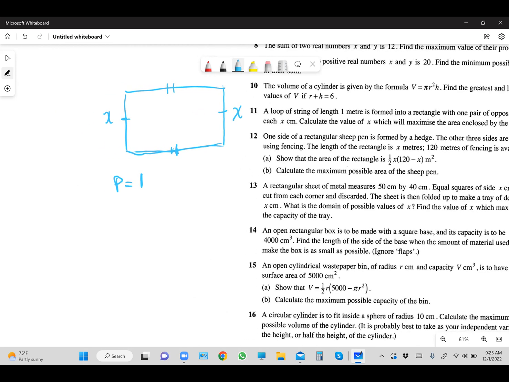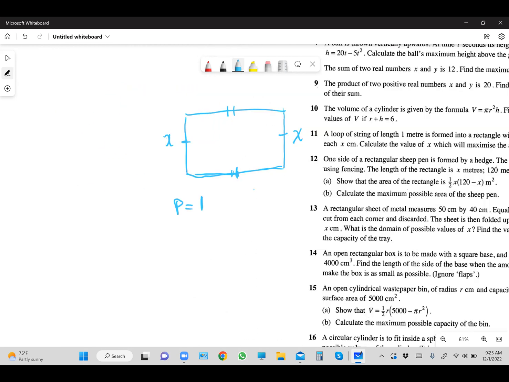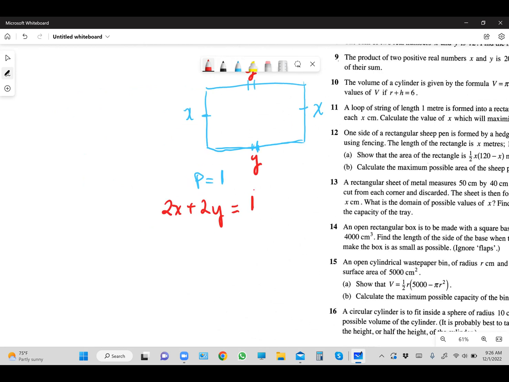So let's give this other side a letter, y. Do you agree that 2x plus 2y must equal 1? And that the area is going to be equal to x times y?